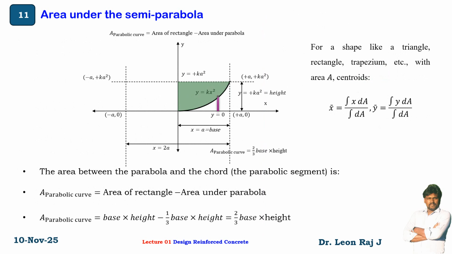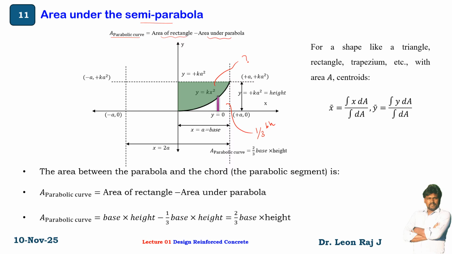Now, the area under the semi-parabola is nothing but the area of the parabolic curve. So this is the region. Earlier we found this region as 1 by 3 b into h, and this other region we have to find. What is the formula? Area of the parabolic curve equals area of the rectangle minus area under the parabola.